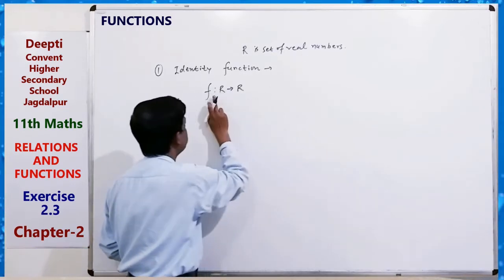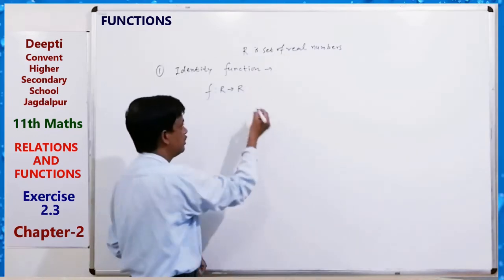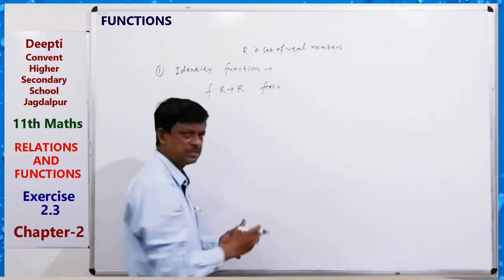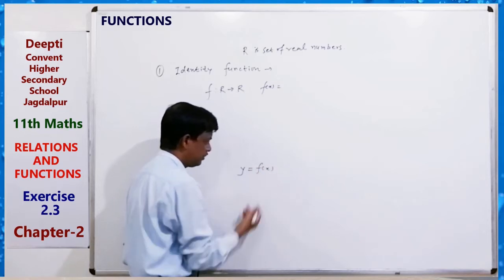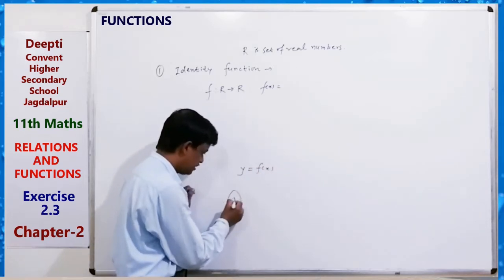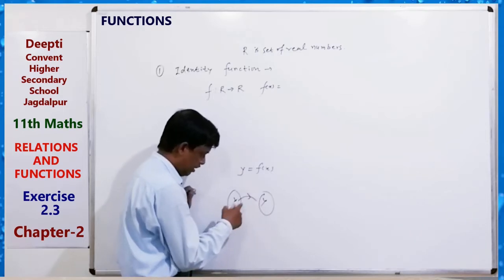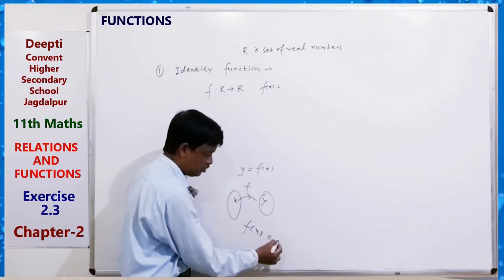Clear? So f from R to R such that f(x) equals, we are denoting like this, x here, y here, and f makes this x to what?